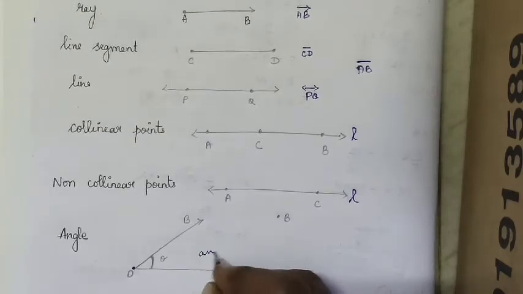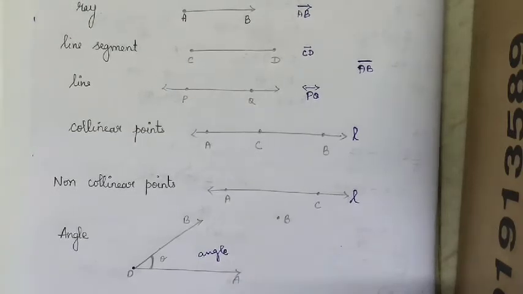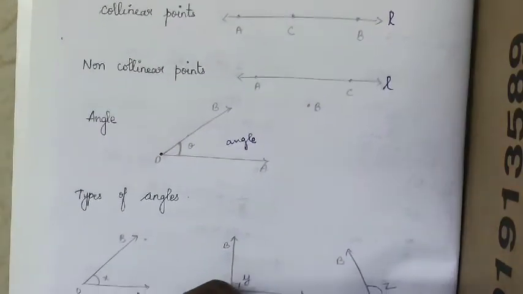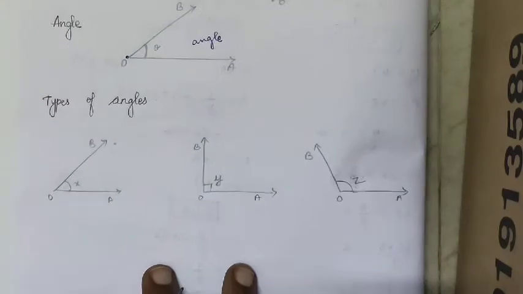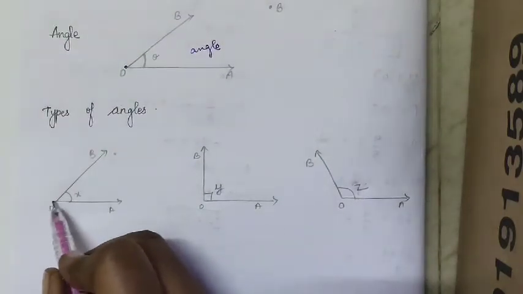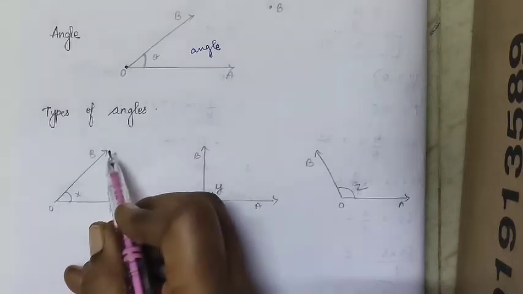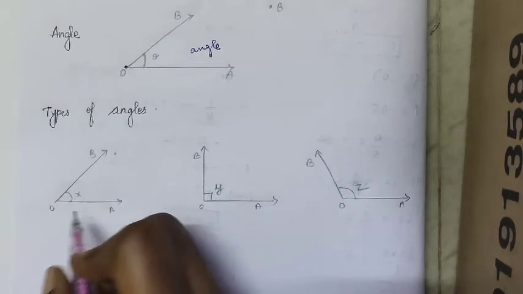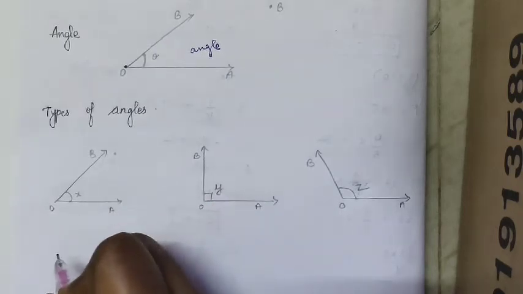This is the angle. Now next is types of angles. Now see here, say the two rays there, OA is a ray, OB is a ray. These two have the same end point. These are called arms here.